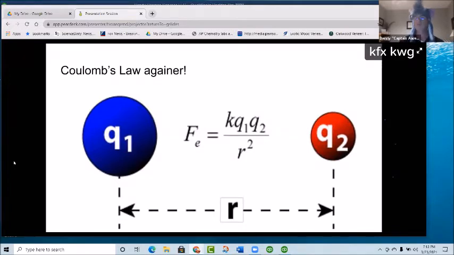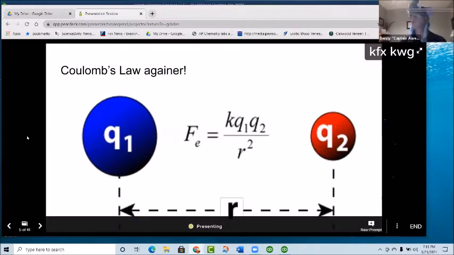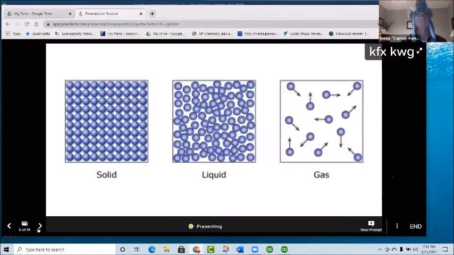When things are polar, they have what we call a partial positive or negative charge. But you can still have a small partial positive charge or a large partial positive charge. And the bigger the partial positive charge, because they're more polar, the greater the force of attraction. So Coulomb's law still reigns when we come to IMFs.